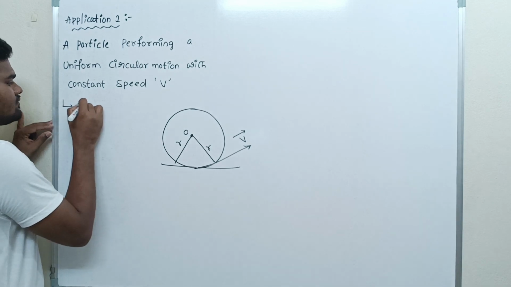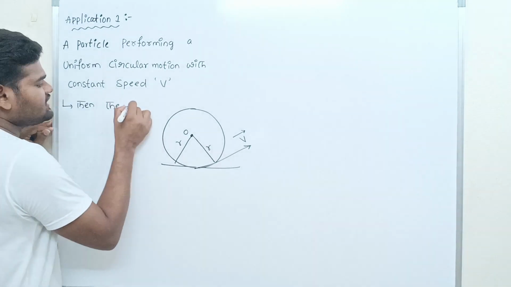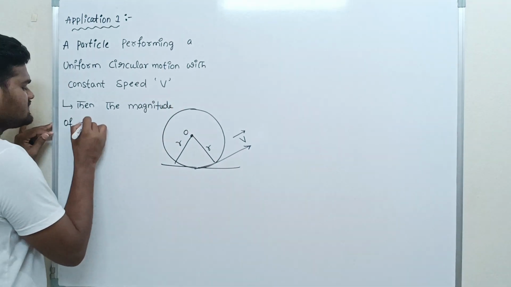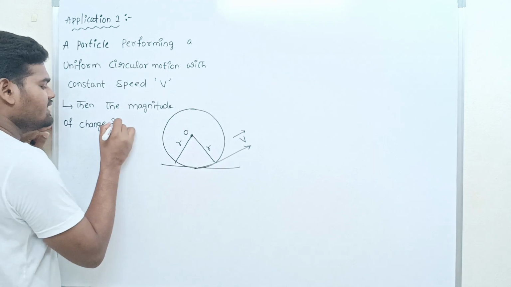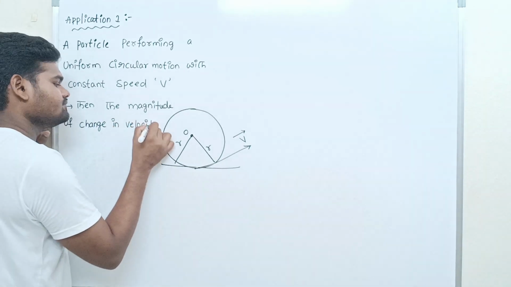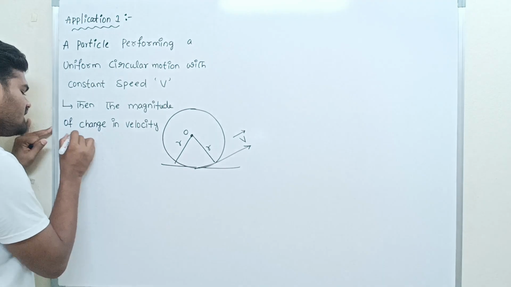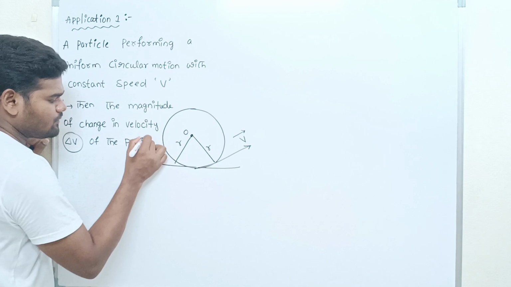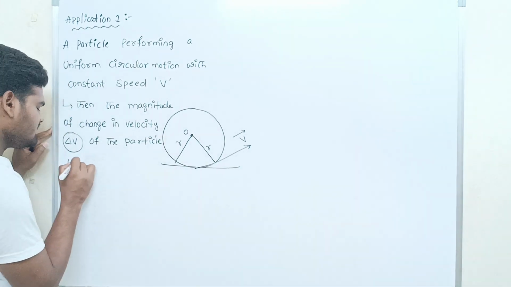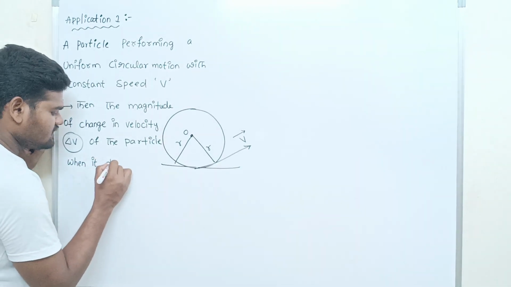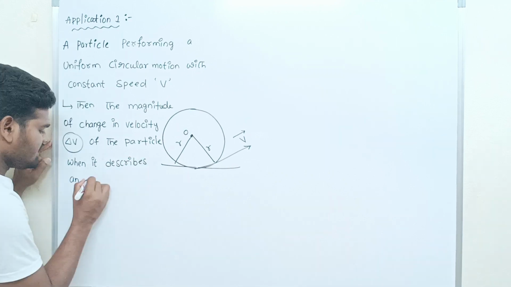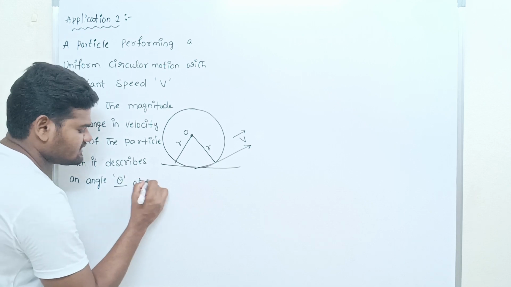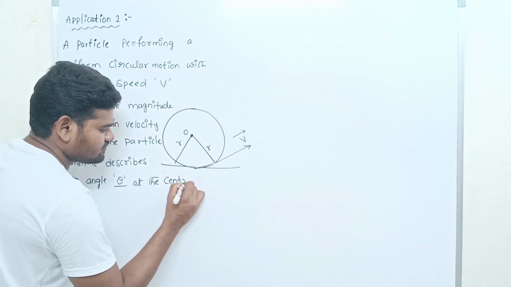Then the magnitude of the change in velocity, that is delta v, of the particle when it describes an angle theta at the center.